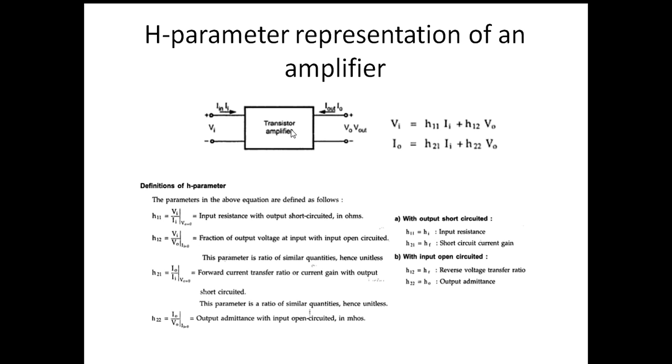So these four parameters have different representations for different configurations: the B suffix for common base, the E suffix for common emitter, and the C suffix for common collector.